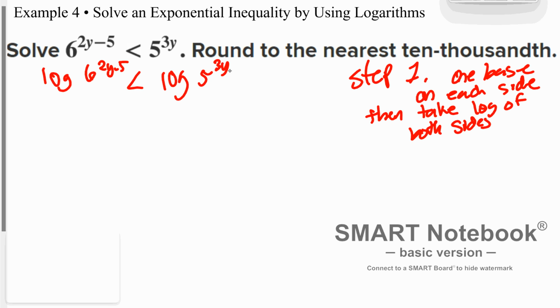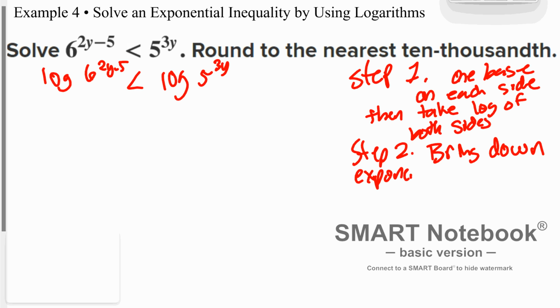And then we just use our rules of exponents. So step 2, bring down the exponent. Bring that exponent down and multiply it by the log, and make sure you put that in parentheses.